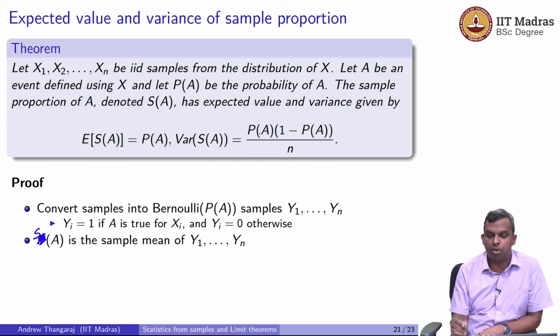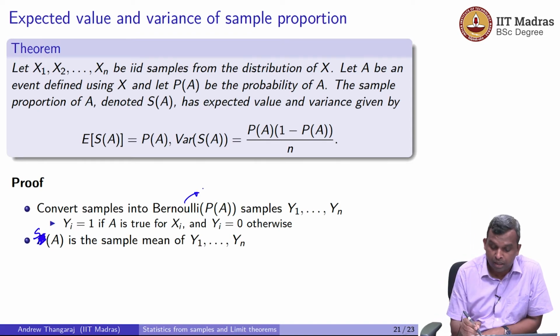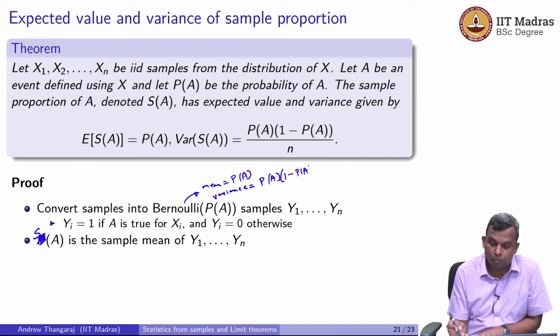The variance of the original distribution is P of A times 1 minus P of A, divided by n. The Bernoulli P of A has mean equal to P of A and variance equal to P of A times 1 minus P of A.